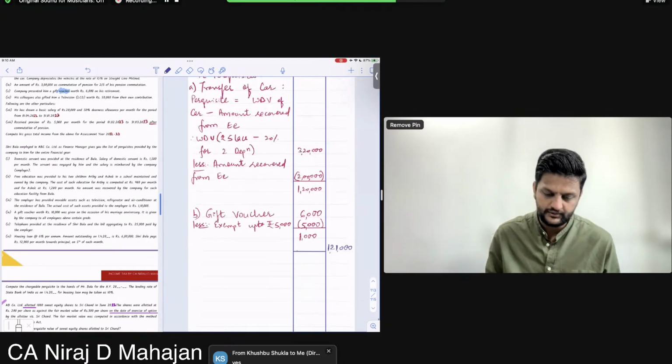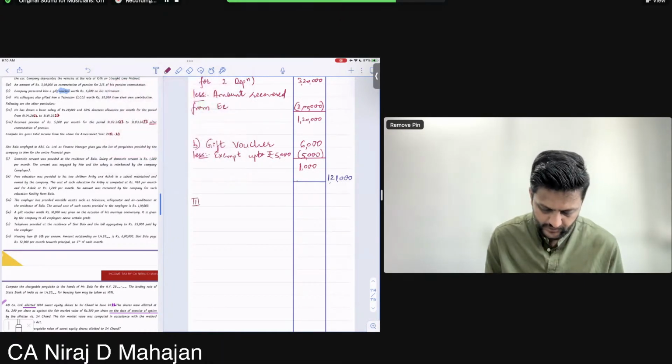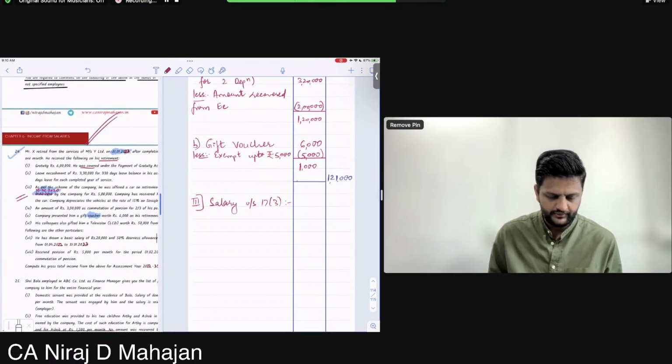So we come to the third: salary under section 17(3). Let's go one by one.